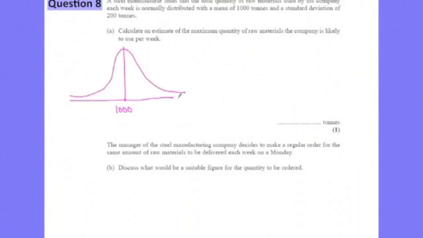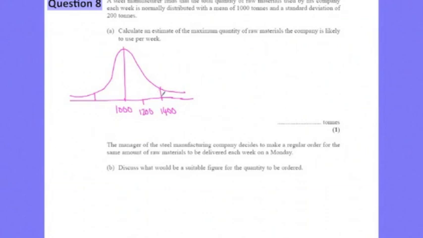And here we have our distribution. So one standard deviation away is 1,200. 2 standard deviations away here is 1,400. And between these two, this contains 95% of the distribution. One standard deviation is going to be slightly too small.